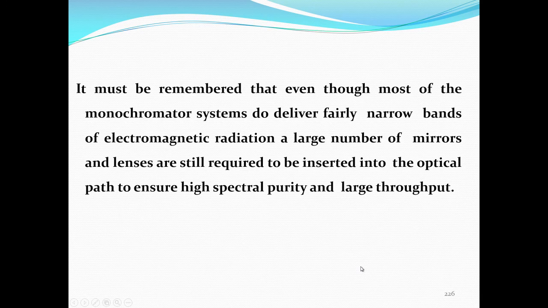It must be remembered that even though most monochromator systems do deliver fairly narrow bands of electromagnetic radiation, a large number of mirrors and lenses are still required in any spectrophotometer. So, if you happen to see a spectrophotometer, do not be baffled if you see a number of small mirrors and lenses.